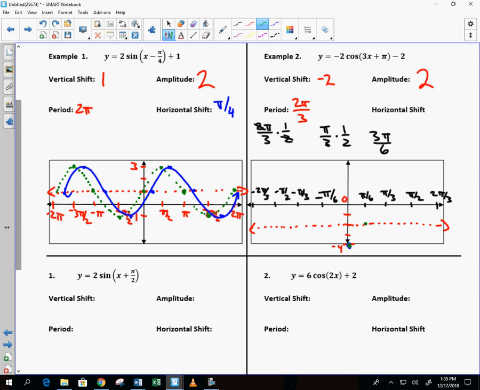So it goes to -2, then it goes to 0, -2, -4. Are we okay with that?